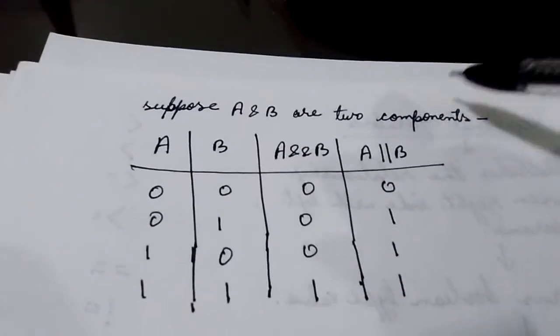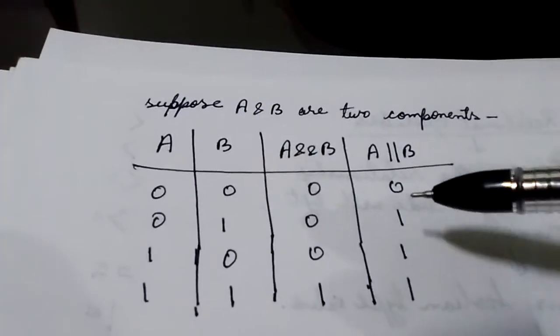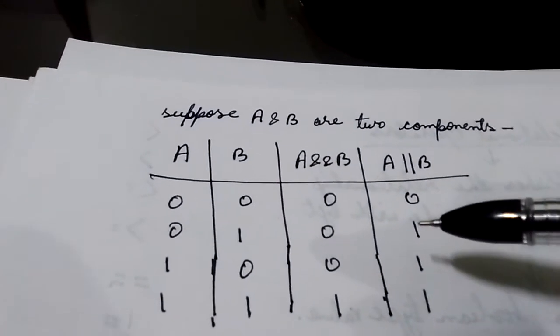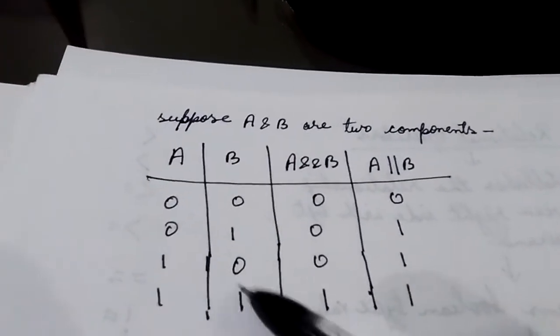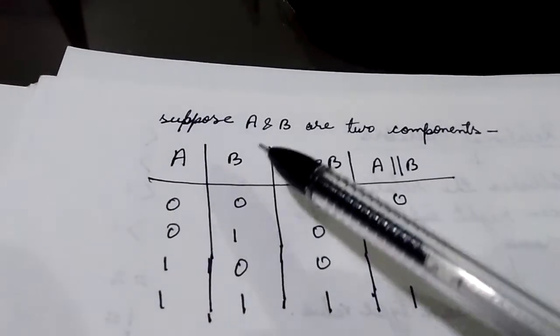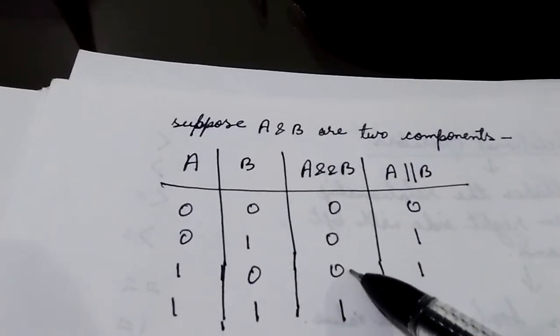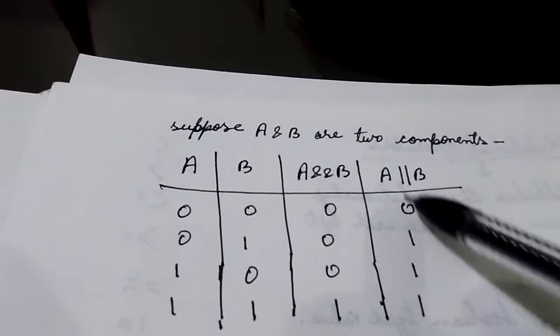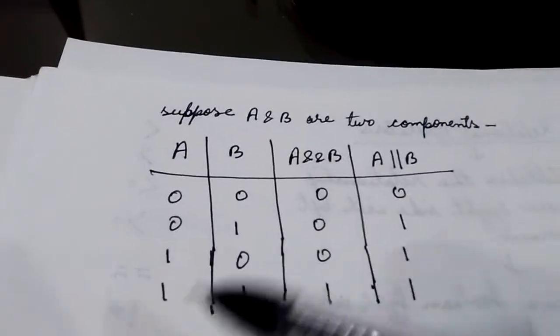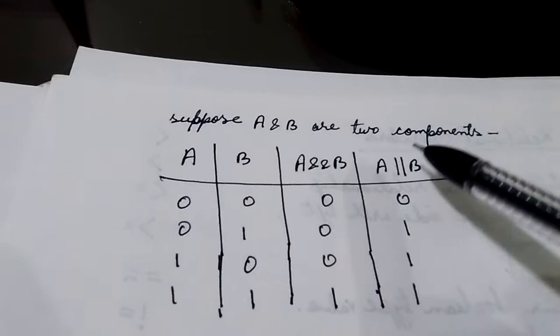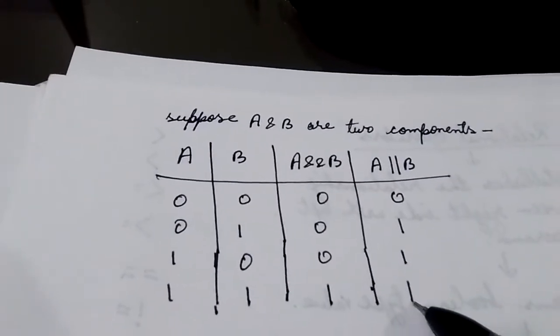And A or B is 1, that means it will return true. If 1, 0, if A is returning true and B is returning false, then also and will return false, but or will return true. And when both are true, and will return true and or will return true.